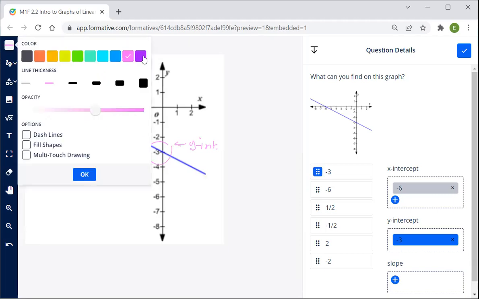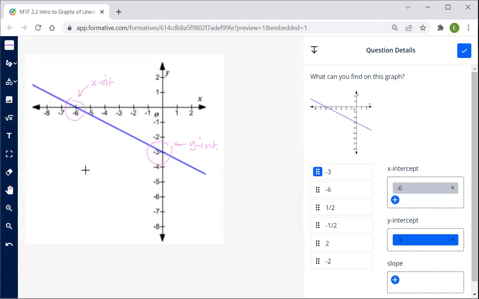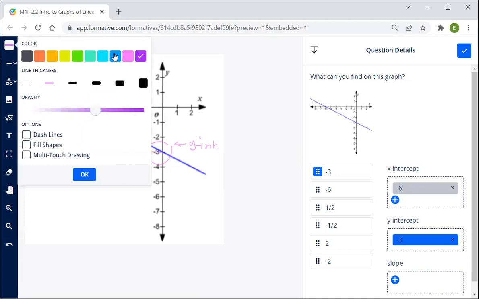Last but not least, we want to find the slope. This is a little tricky because they do not give us the lines here, but we can still create our triangle like we did last week. I'm going to draw from the -6 to the -3, just because it's really hard to determine any other points on this graph. We have to figure out what is the rise and run.